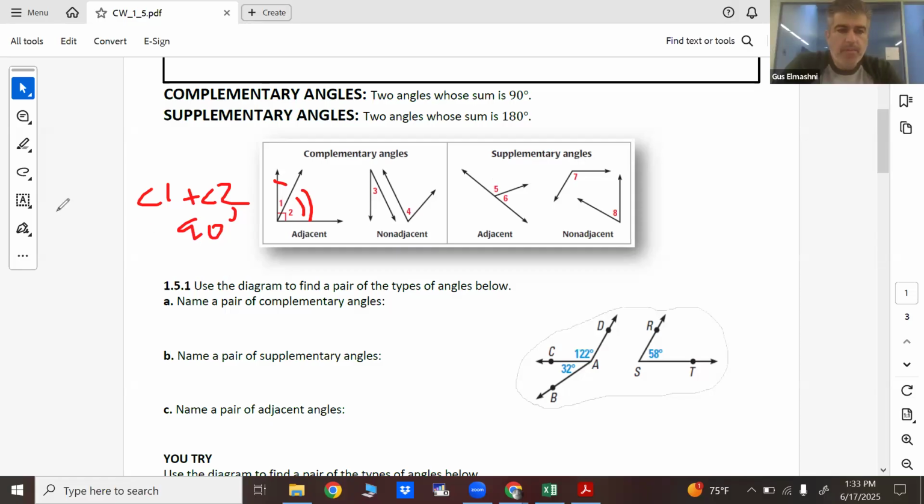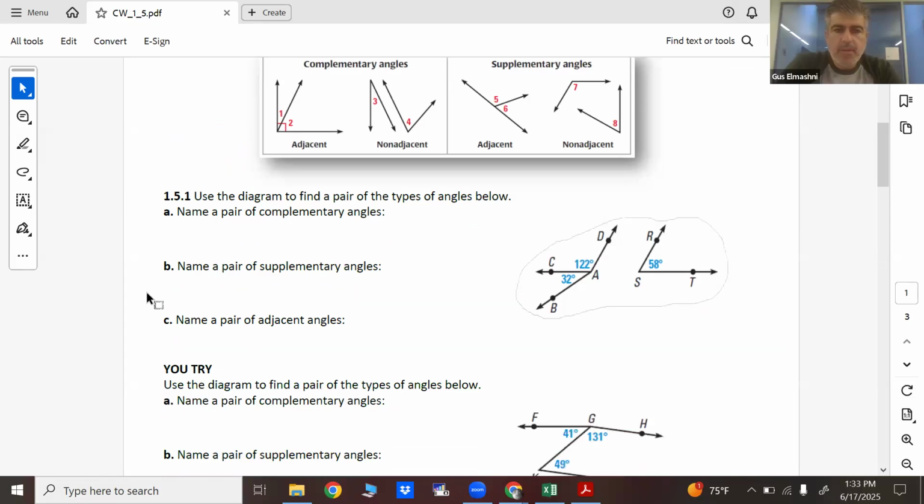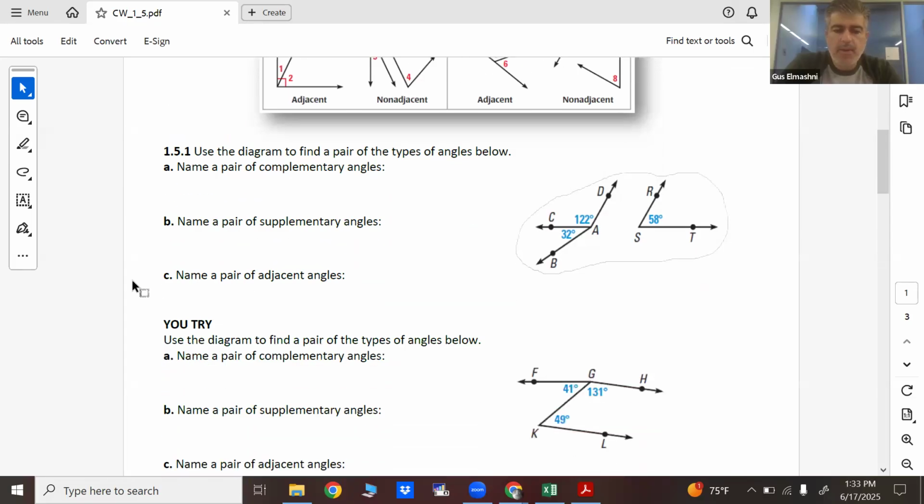So for the next one, name a pair. Use the diagram to find a pair of the types of angles below. Complementary, you want two angles to add up to 90. Supplementary have to add up to 180.